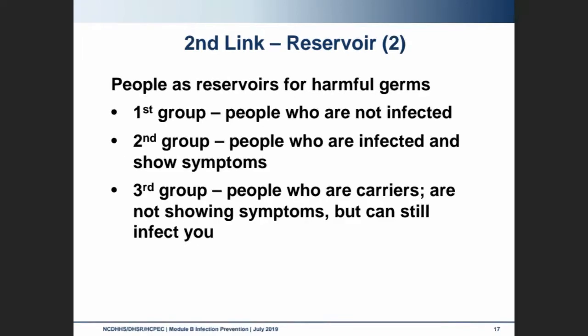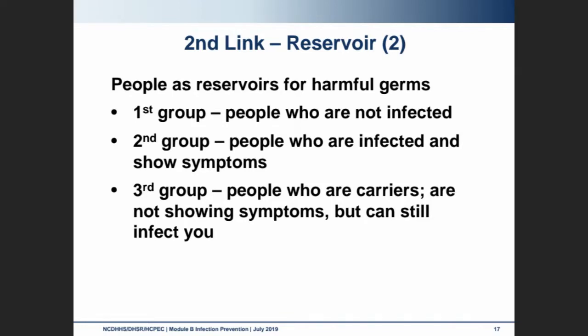So we can think of people as reservoirs for harmful germs in these 3 different groups. The first group is people who are not infected, they're well, and they don't have this infectious germ yet, okay? They're just a potential reservoir, a potential home. Now, the second group are people who are infected and they're obviously sick.